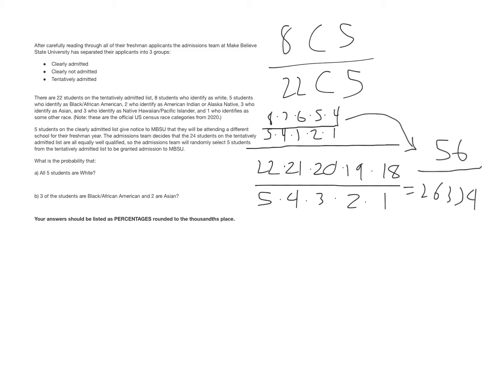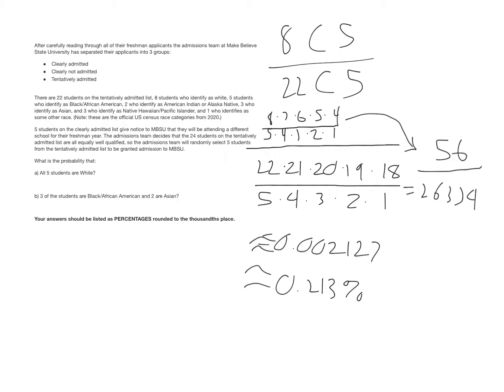Then I do that division, because the directions say to list your answer as a percentage rounded to the thousandths. The division gives approximately 0.002127, which as a percentage is 0.213 rounded to the thousandth percent.